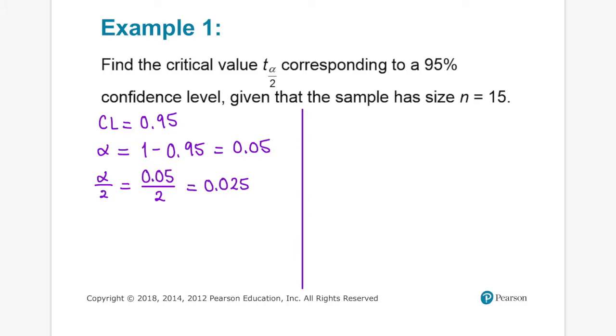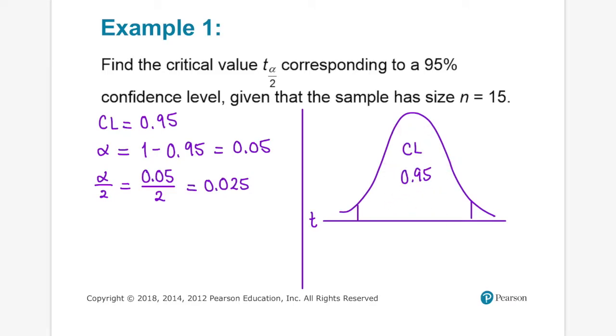To find t of alpha over 2, we are working with the t distribution. The t distribution looks similar to the normal distribution. This is t. Confidence level is the area in the middle, which is 95%. This small area added to this small area, added to 95%, is 100%.